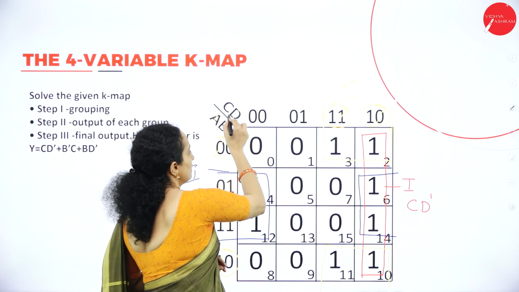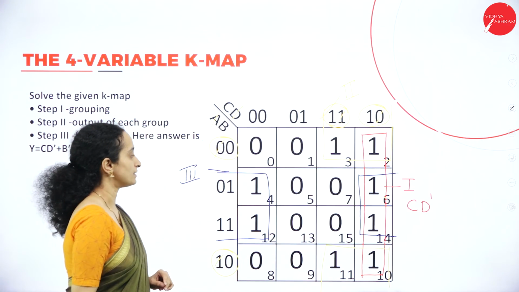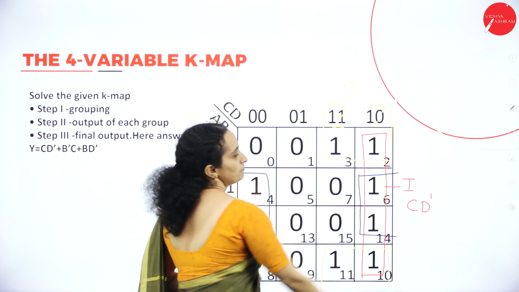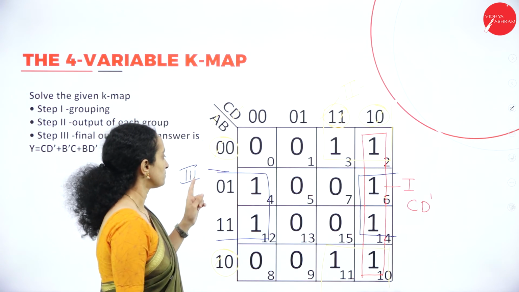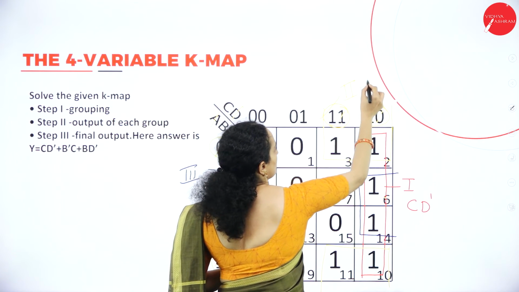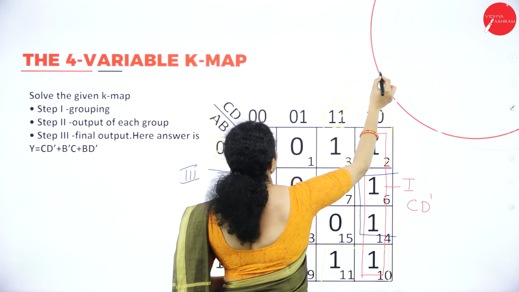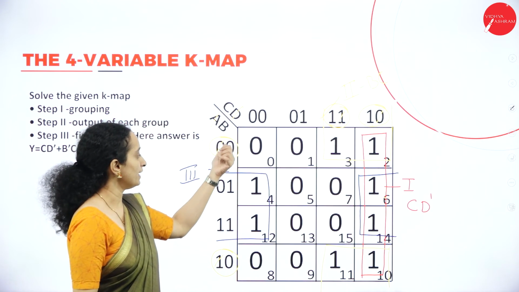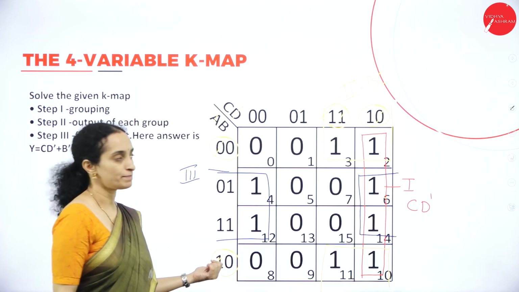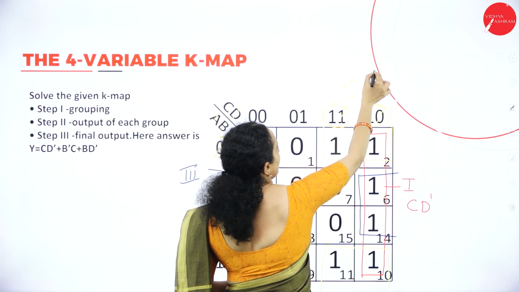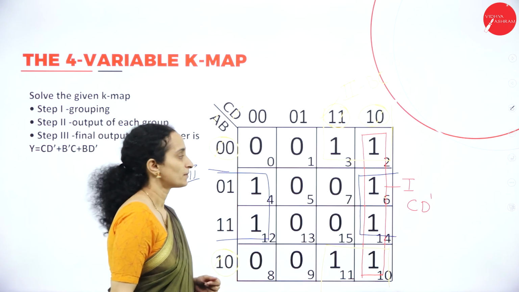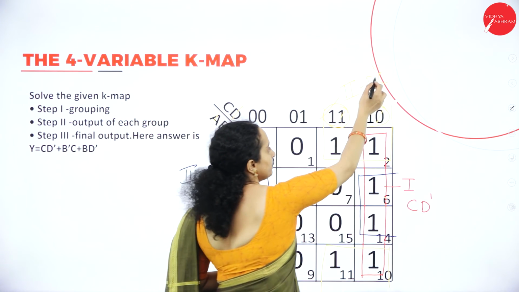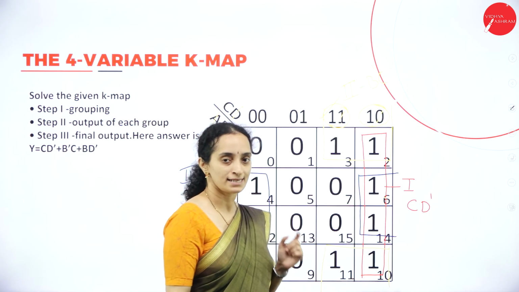That means variable D will be cancelled. Now, group 2 has the minterm B and C, where B is in the complement form, that means B dash. C is in the non-complement form. It will be B dash C.